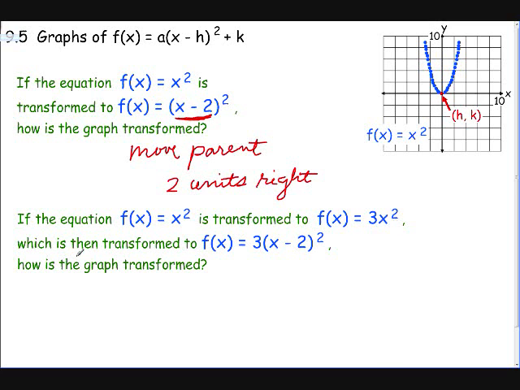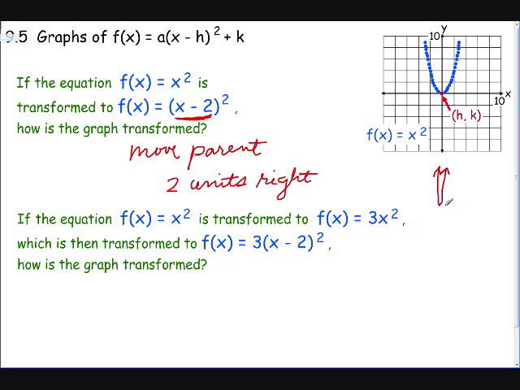I'm not even going on to the rest of this question. So now, that's a pretty steep increase, isn't it? This graph is going to be very skinny. Still going to be a quadratic, but it's going to be very skinny.